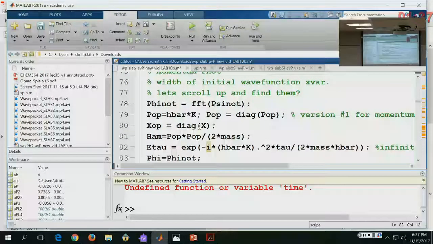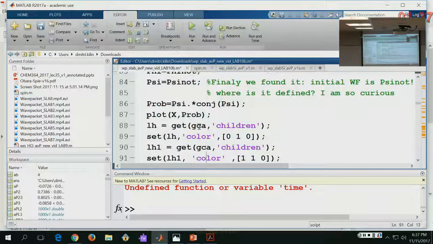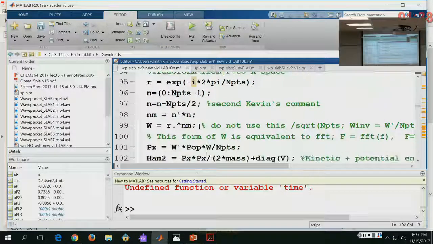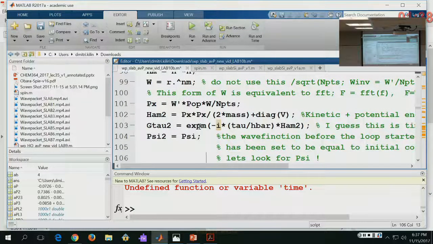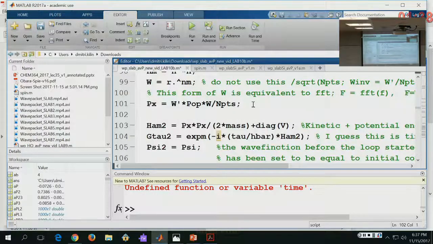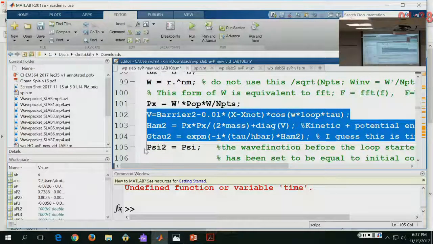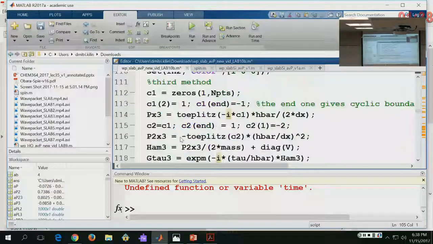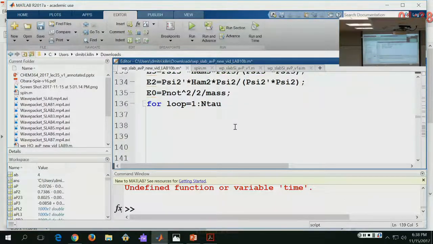So now I'm looking for the first place where the potential is used.